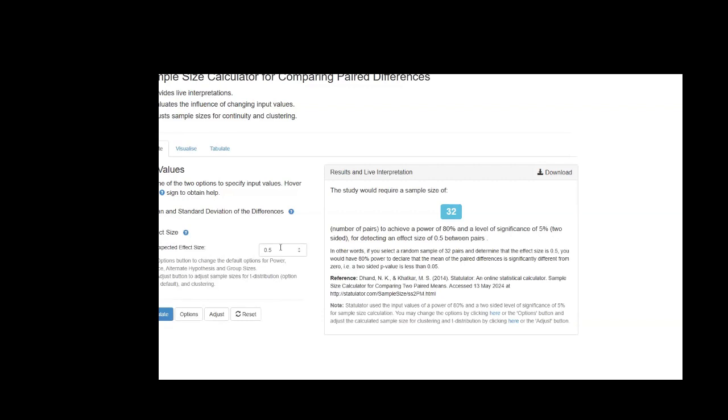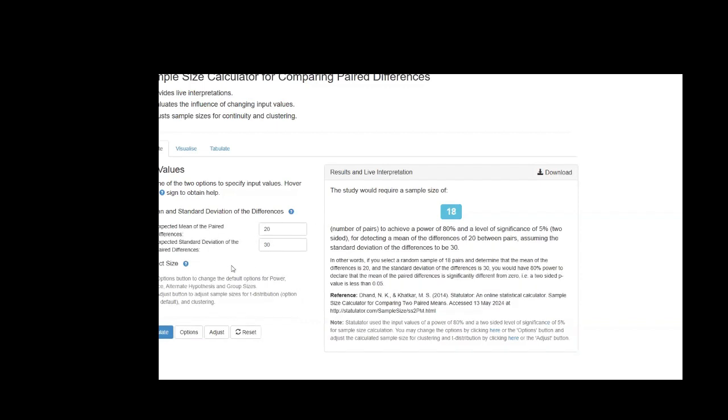I explained the meaning of effect size: the change in the mean difference divided by the standard deviation. Different values of effect size are available. You can choose 0.5, 0.4 or 0.3 to calculate based on the effect size, but I don't recommend that one. I recommend this formula to calculate the sample size.